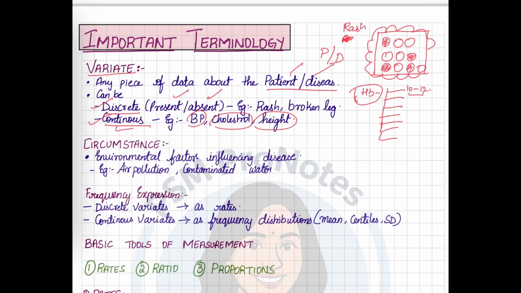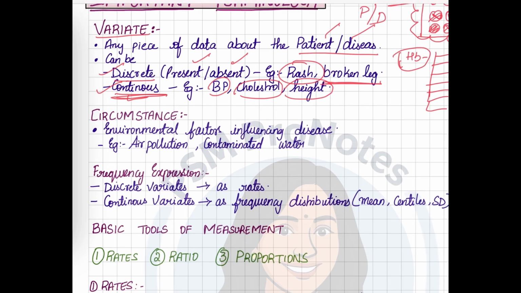It becomes discrete data where we can know the rash is present or not present. There is nothing continuous in this, whereas for Hb level we have a continuous range for every person. Discrete data is whether it is present or not. Examples are rash and broken leg. If a broken leg is present, it is present, or else it is not.